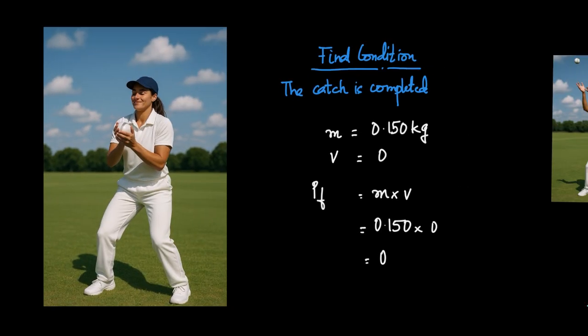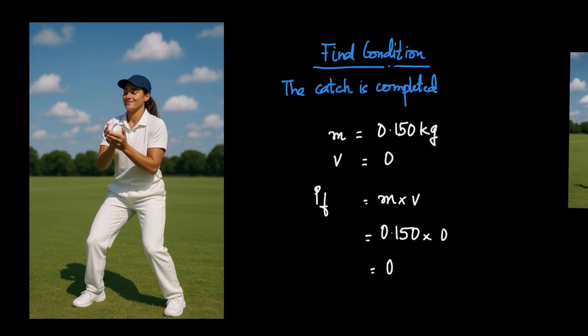Now, the final condition, the ball has been caught. Mass is 0.150 kilogram. Velocity is 0 because the ball is at rest now. Therefore, the final momentum is equal to 0.